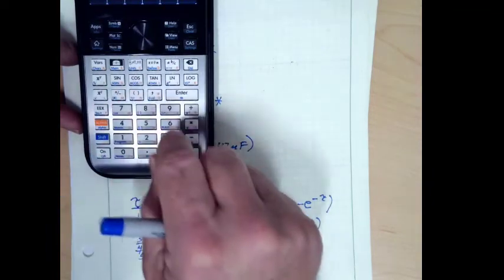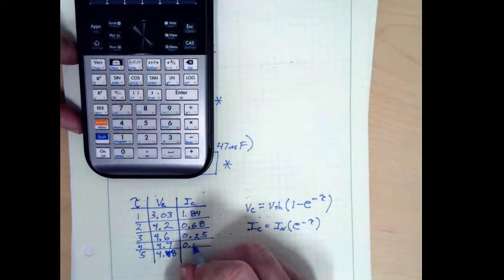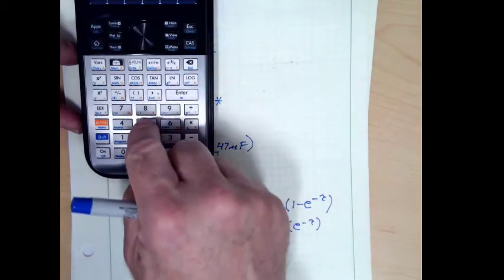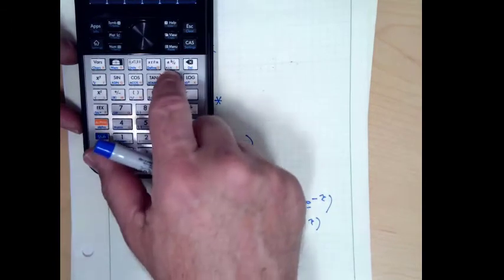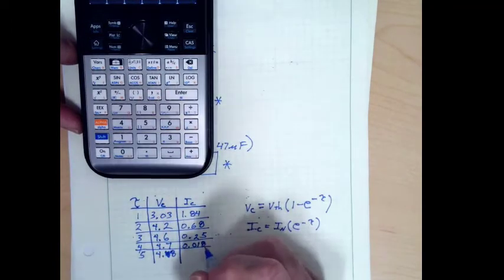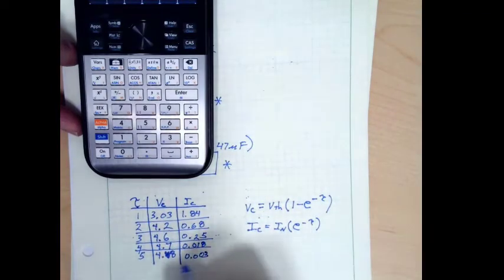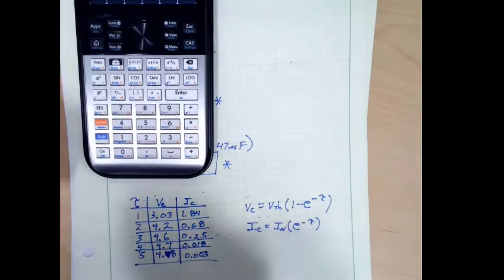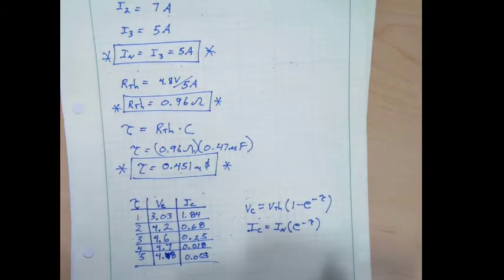Our fourth time constant gives us 0.018 amps. And then for the fifth time constant, we get 0.003 amps basically. So we're definitely approaching zero. Not quite to zero yet, but getting there.